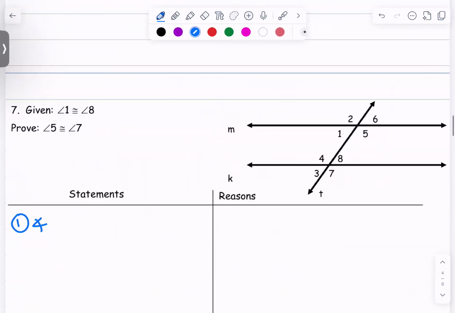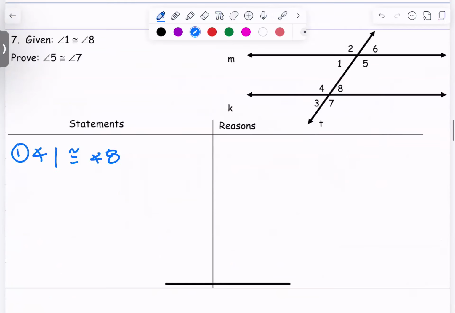Angle 1 is congruent to angle 8, and angle 5 is congruent to angle 7. Okay? And that's given, right?